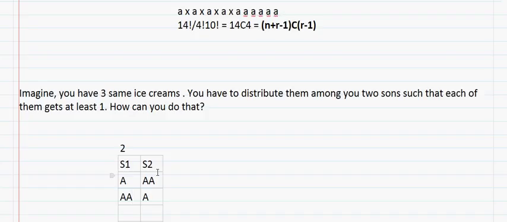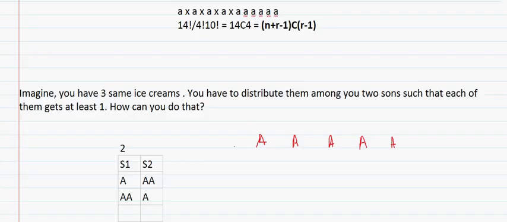So there are 2 ways. Or if we use our method of blinds, let's use the method of blinds to understand this, and let's increase the number as well. So let's say there are 5 things, A, A, A, A and A, and we have to distribute them among three people.